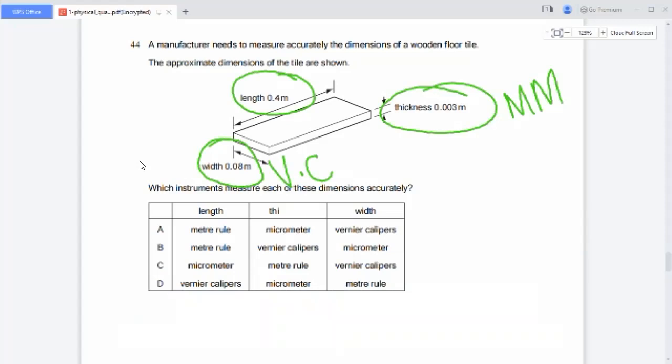For that we are going to use a meter ruler. So for length, meter ruler is here and here. Thickness is micrometer and micrometer, and for width, Vernier caliper is here and here. So overall this option was correct.